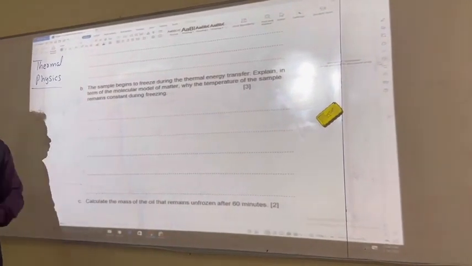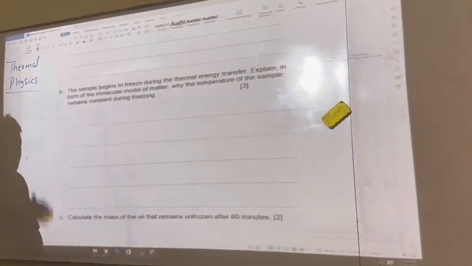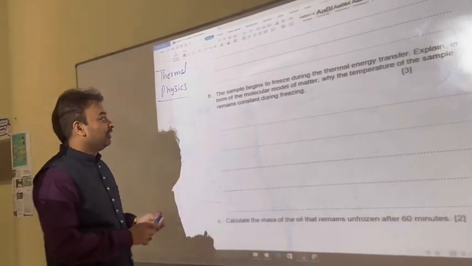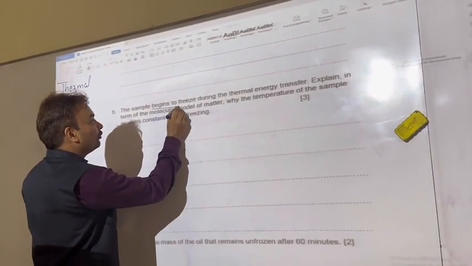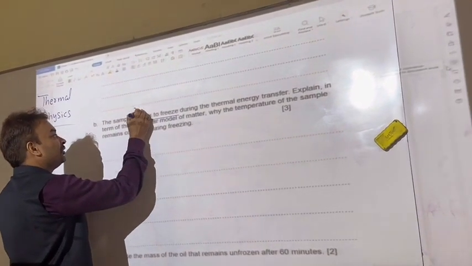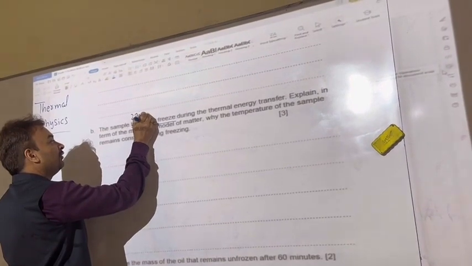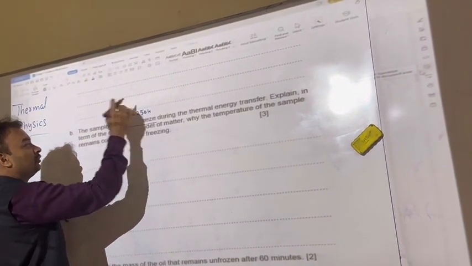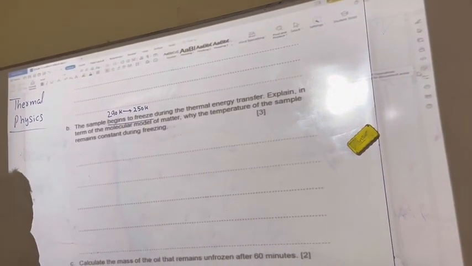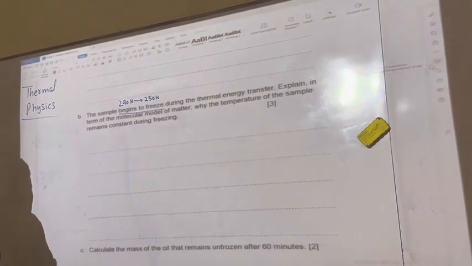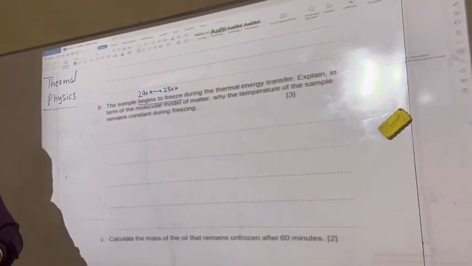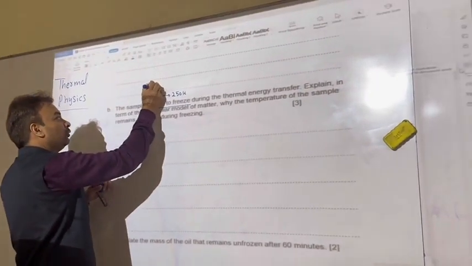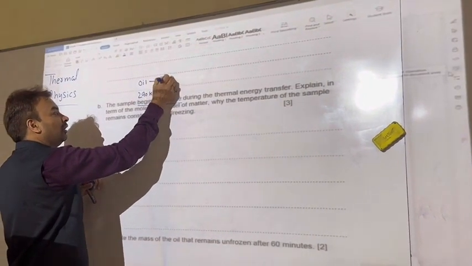The sample begins to freeze from 290 to 250. So the sample begins to freeze because the temperature is changing from 290 Kelvin to 250 Kelvin. So the temperature is lowering, which means the liquid is turning into solid. The oil is turning into ice.